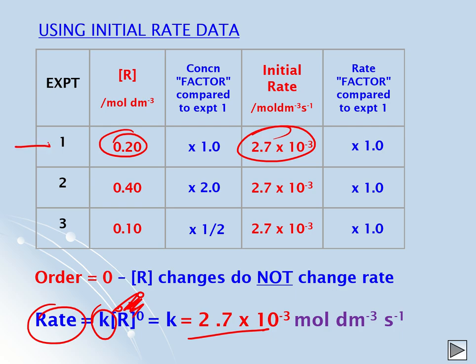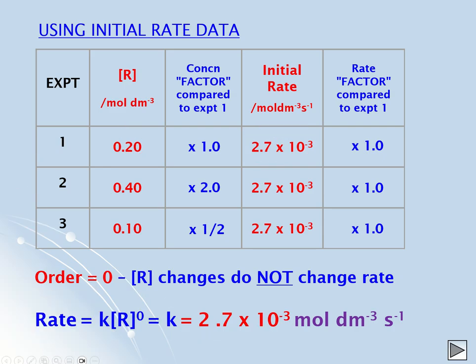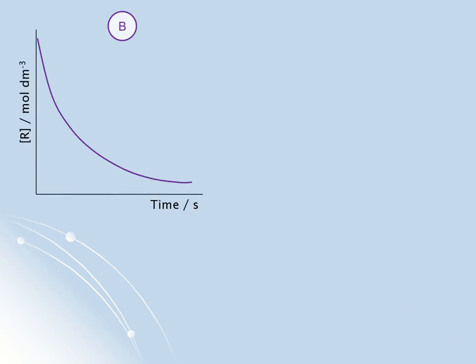We just pick one experiment and plug our values into our rate equation for that. We could pick any experiment, it wouldn't matter, the K value in this case, or in any case, will always be the same.